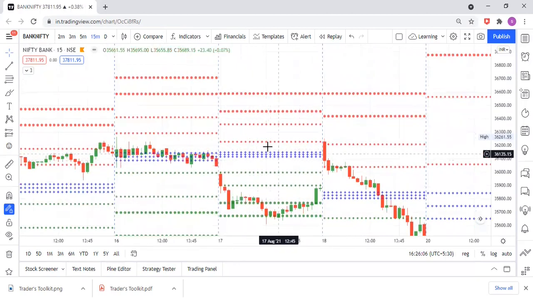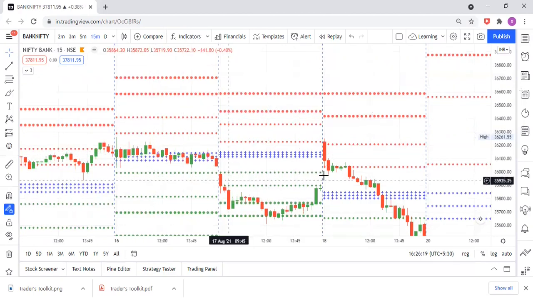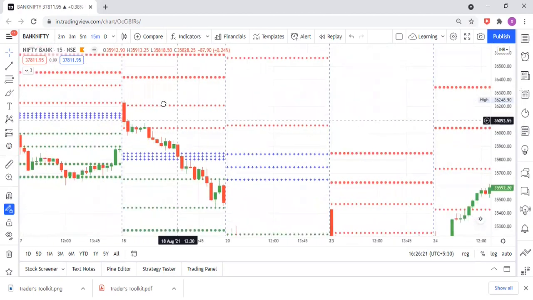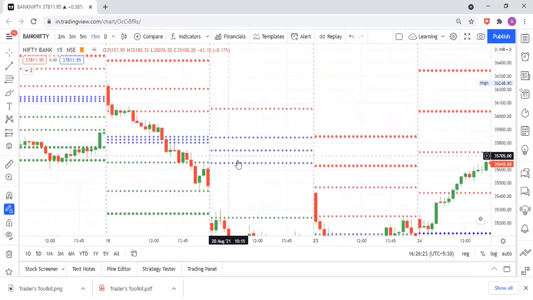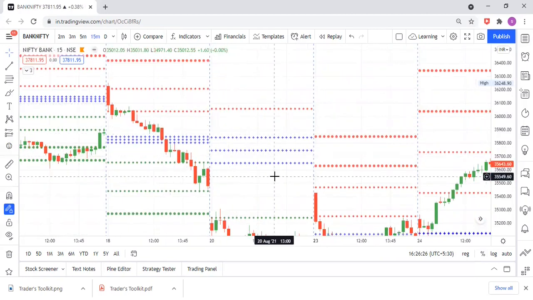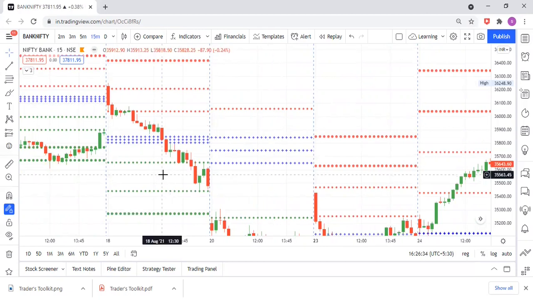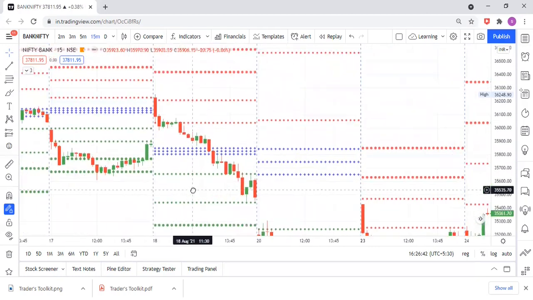If the CPR is very narrow, it will most likely be a trending day. Similarly, if the CPR is quite wide, let's take for example like this, then it will most likely be a range bound day. That is the general consensus among technical analysts. Now let's see on this particular instrument, Bank Nifty, whether it is true or not.